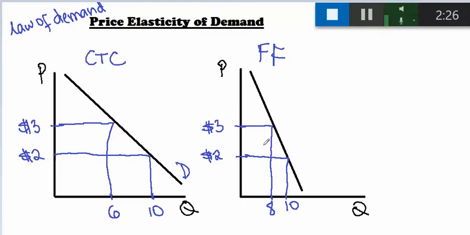The law of demand is still in effect. These two graphs are both demand curves, still downward sloping, but the response of consumers to these price changes is different. Now we want to get a measure, a number to represent these changes, and that is where the concept of elasticity comes in.